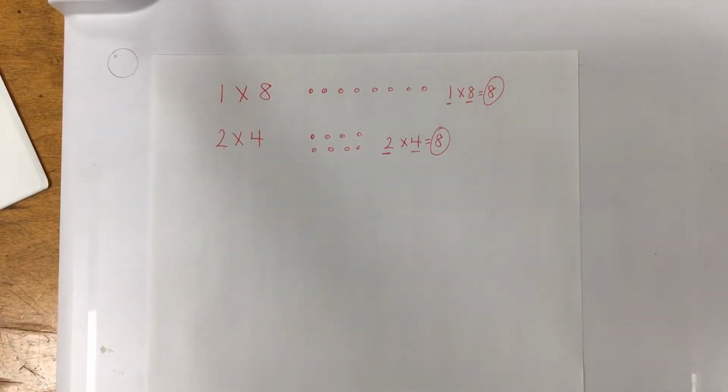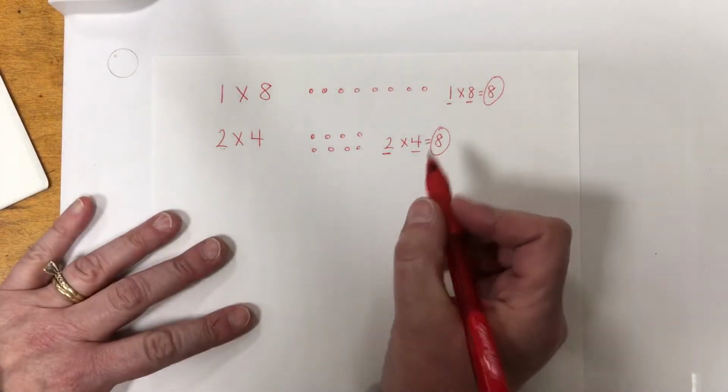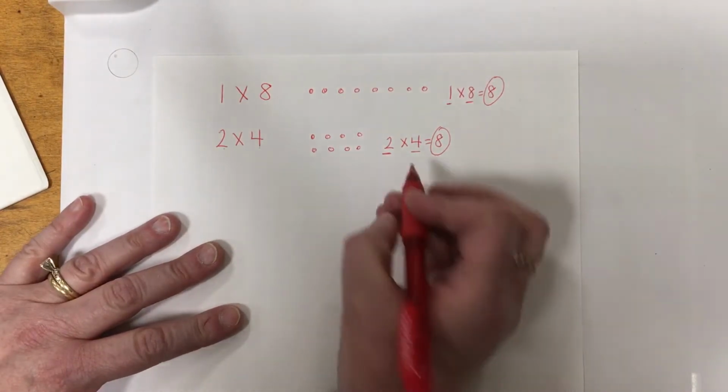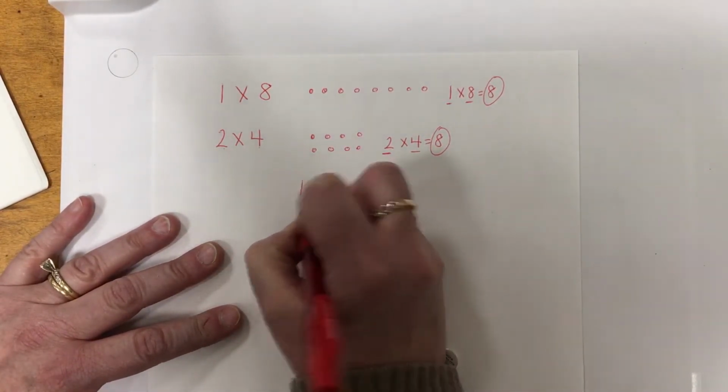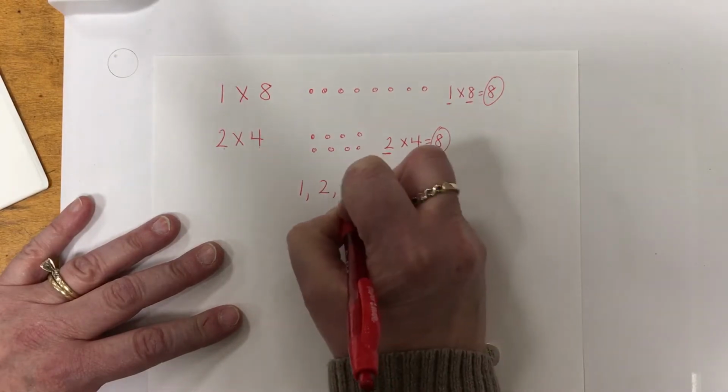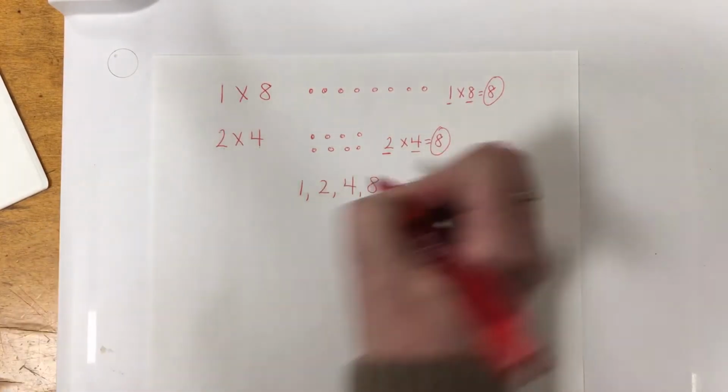When I write my factors out, I like to list them lowest to highest. So my factors of 8 would be 1, 2, 4, and 8.